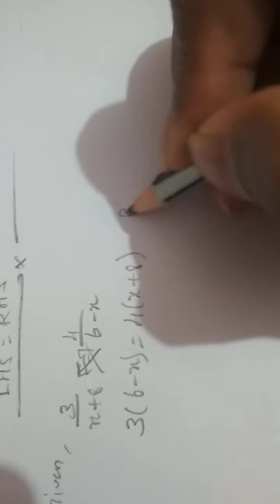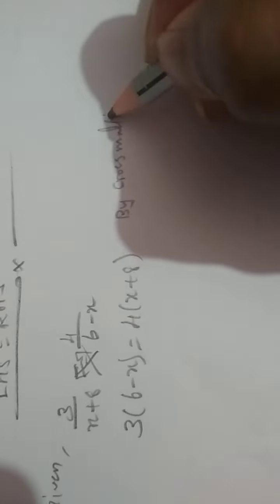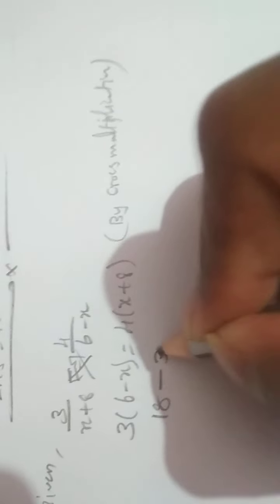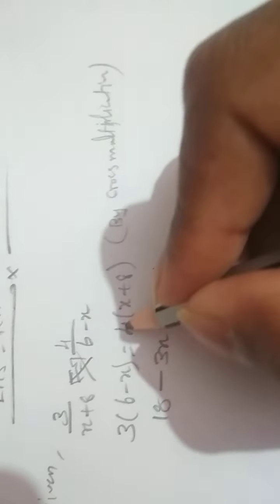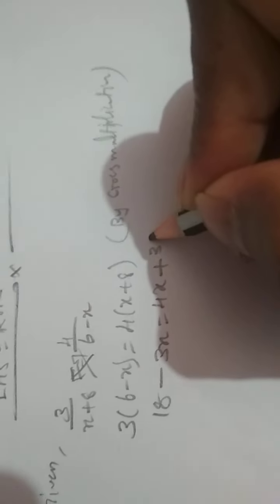So 3 into (6 - x) is equal to 4 into (x + 8), by cross multiplication. So 3 into 6, 18, plus, minus into minus, 3 into x, minus 3x, is equal to 4 into x, 4x, plus 4 eights are 32.